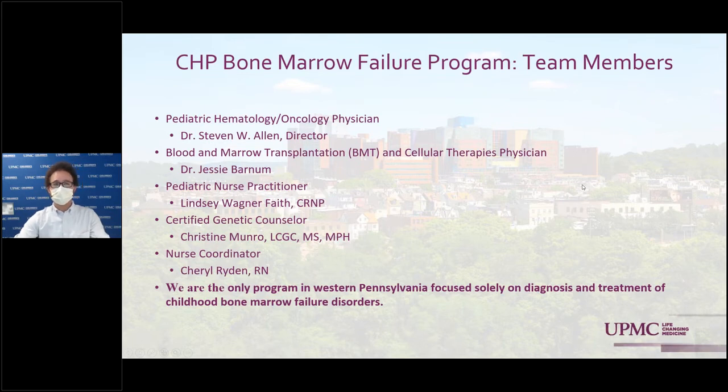We have a Pediatric Hematology Oncology nurse practitioner, Lindsay Wagner-Faith, a certified genetic counselor who's very integral, as there's a lot of genetic testing required for these patients and working with genetics from that standpoint. So we're very happy to have Christine Monroe as part of our group. And then we also have our nurse coordinator, Cheryl Ryden, that is also very integral to the group.